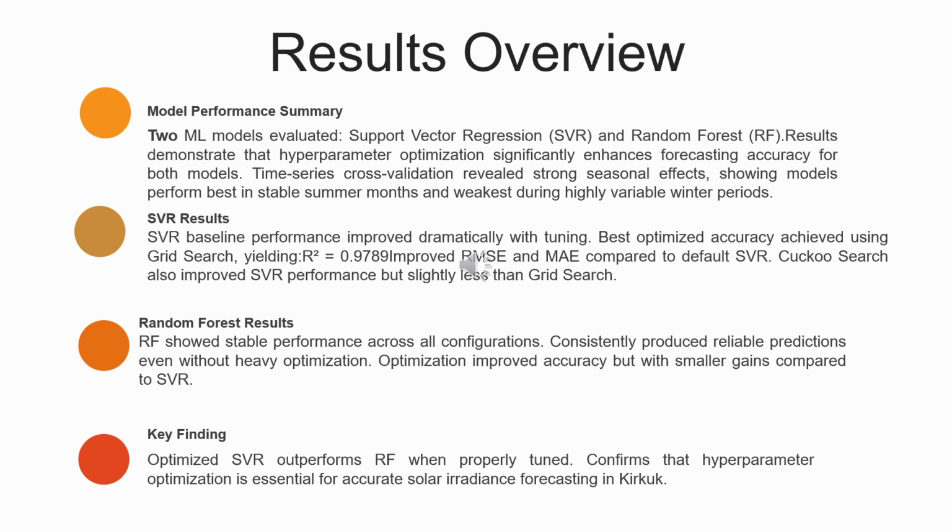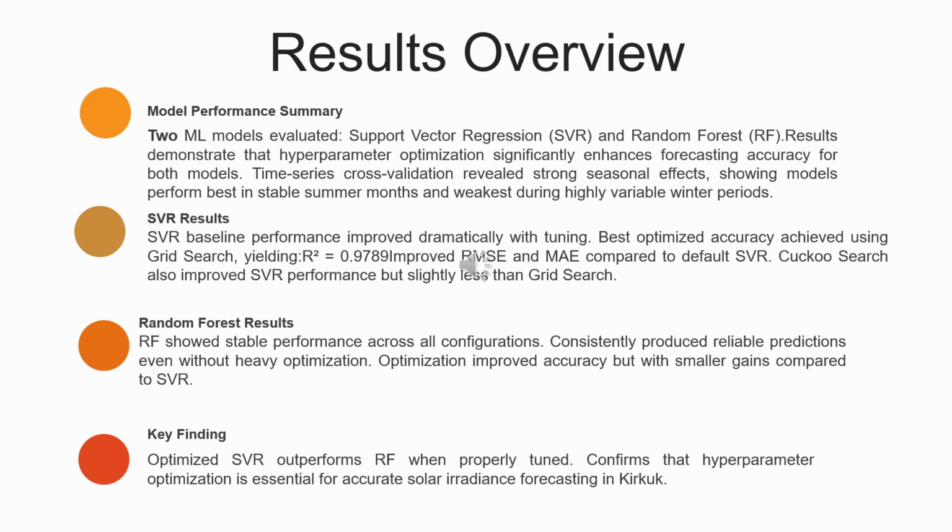Both of them are enhanced by tuning parameters. Time series cross validation revealed strong seasonal effects, showing models perform best in stable summer months and weakest during the variable winter period. It's better in summer.